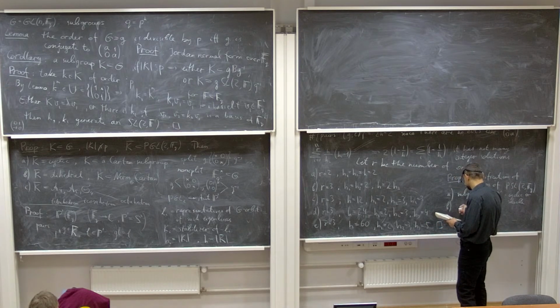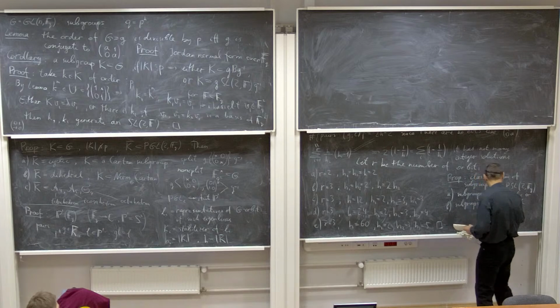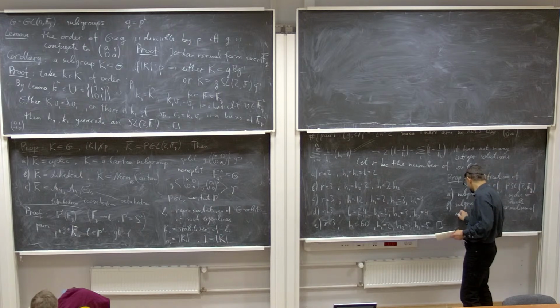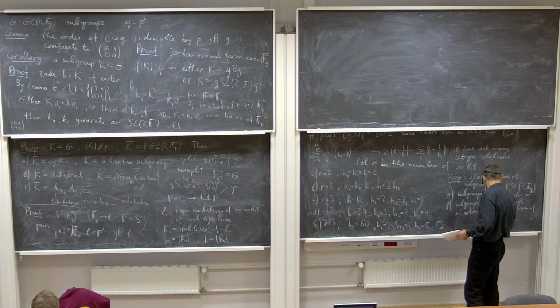Then also subgroups of the normalizer of Cartan. So they are dihedral.